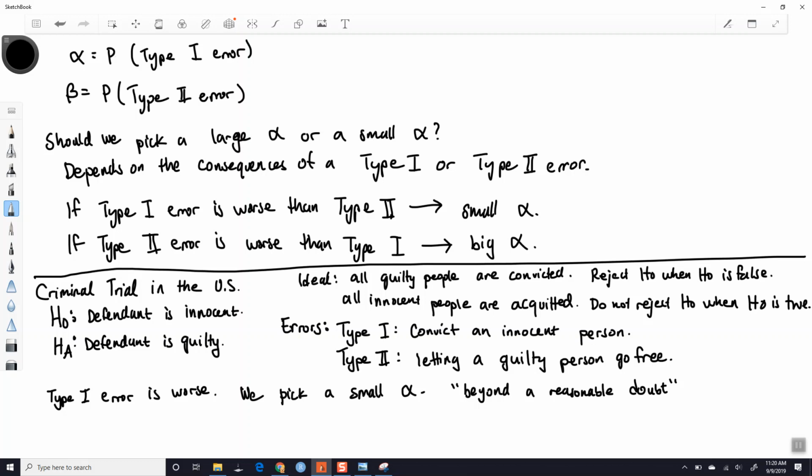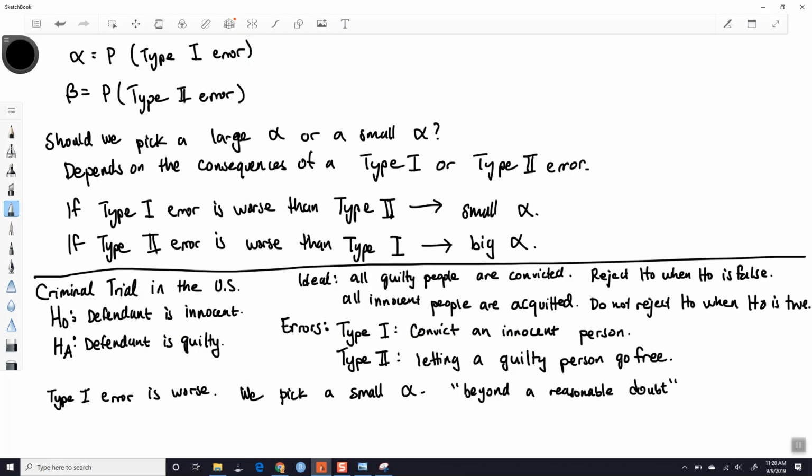And if the prosecution doesn't have any evidence, then the judge will just dismiss the trial and say we've got to let the person go.